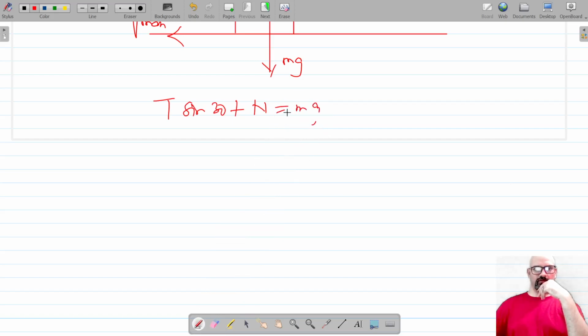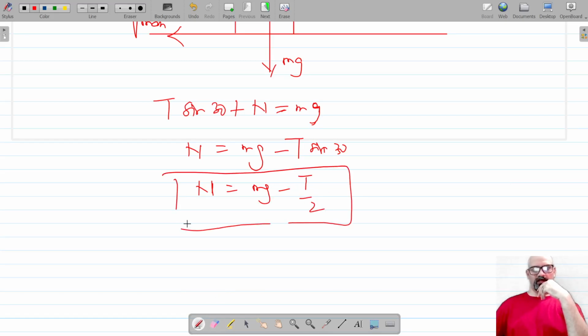So the normal reaction N is equal to mg minus T sin 30 degrees, and sin 30 degrees is half, so N is equal to mg minus T by 2. Okay, so this is the normal reaction.